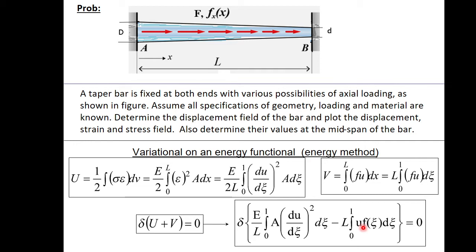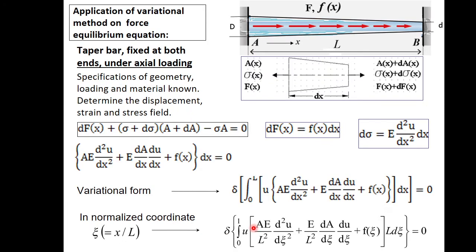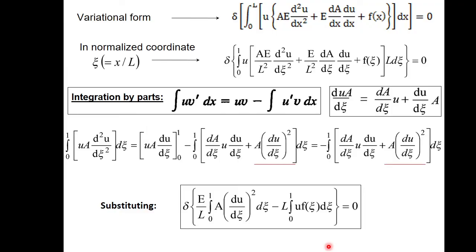The thing is, E by L, L remains same, right? Anyway, so this 2 will come, and when we will operate with delta, what is the final form here? This is the form. Let us not consider this.